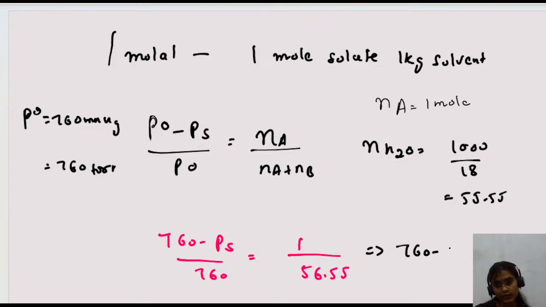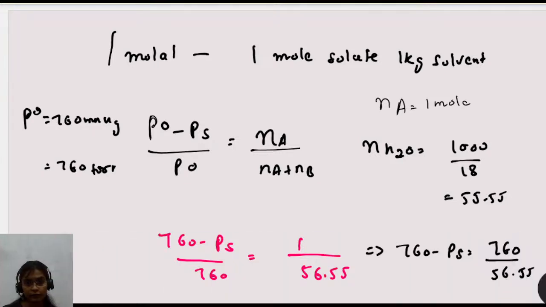So you can say 760 minus Ps is equal to 760 divided by 56.55. When you solve this, what will be the answer we are getting? It's 13.43. This much is torr.